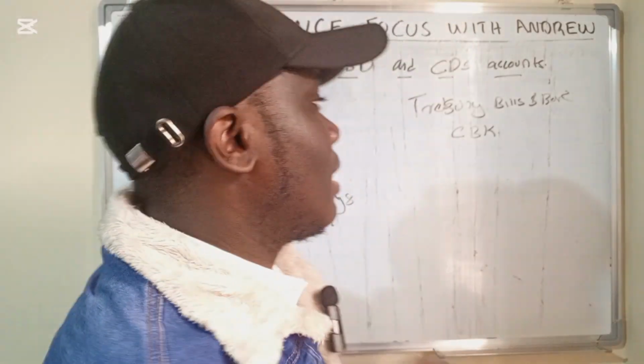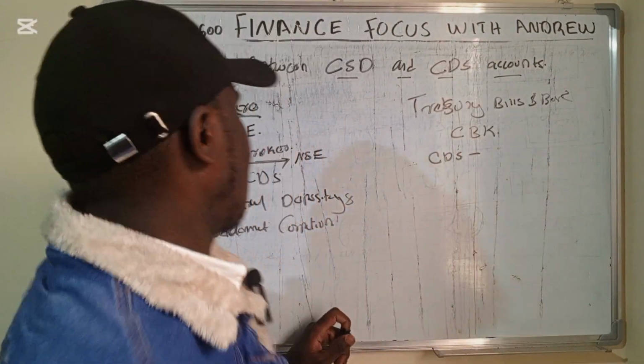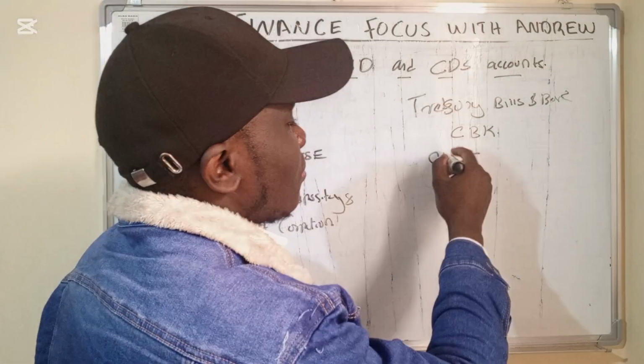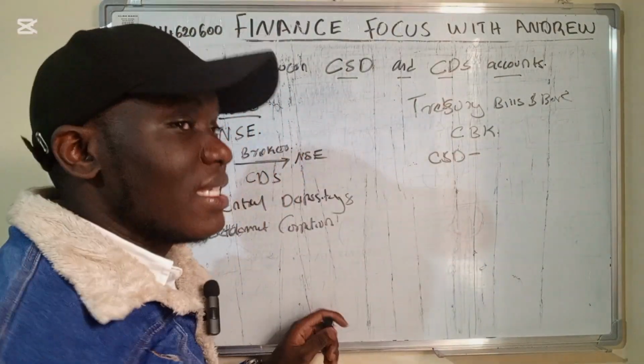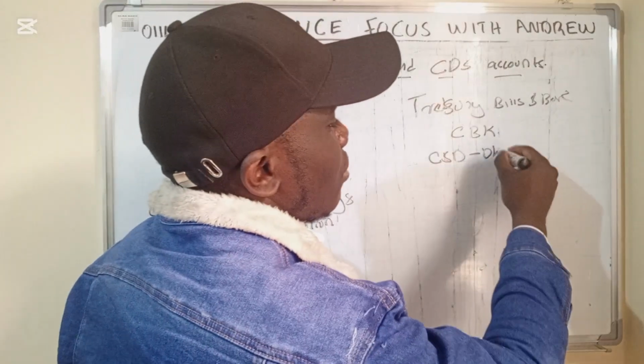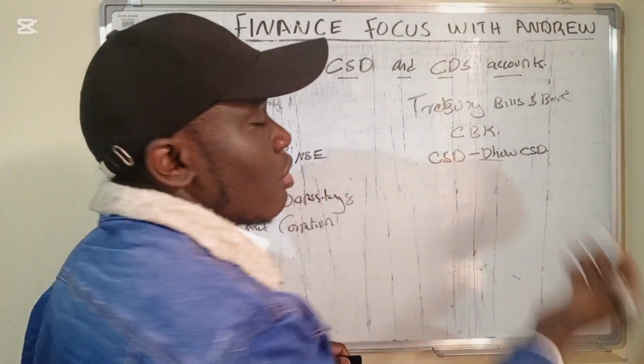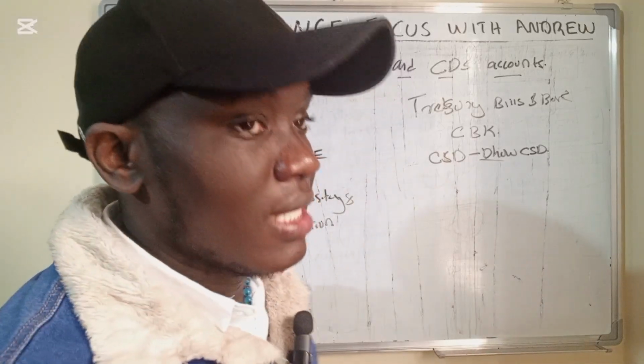It is popularly known as, you'll hear people, I'm also confusing them, you need a CSD account, and you'll hear a lot of people calling it DhowCSD because it is opened on a platform known as the DhowCSD app or the DhowCSD portal.